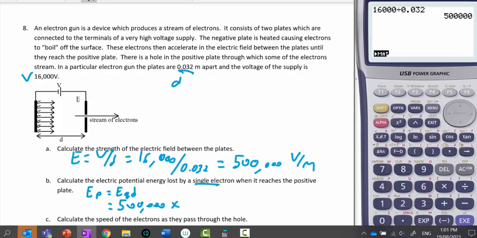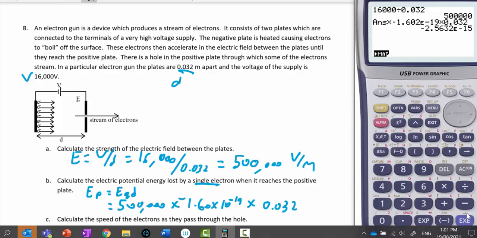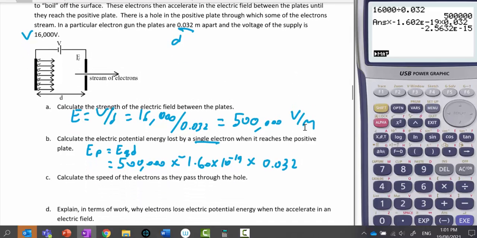It talks about a single electron, and so we know the charge on a single electron is negative 1.602 times 10 to the minus 19, and we've been given the distance already, and we'll chuck that into the calculator, and so we get this answer of 2.56 times 10 to the minus 15 joules, and we can ignore the negative sign because the negative doesn't really have much sense in terms of energy. It does in terms of direction.